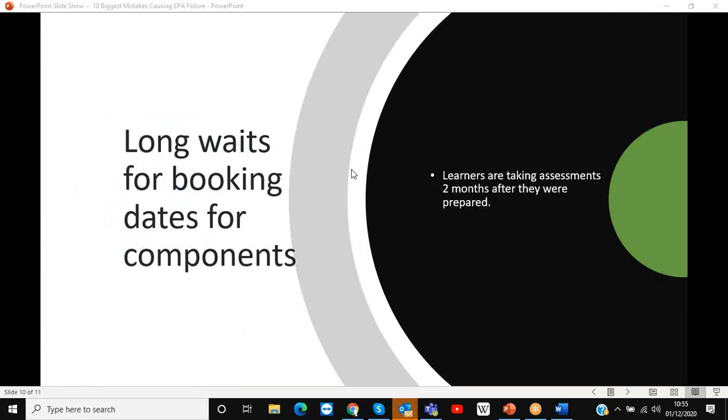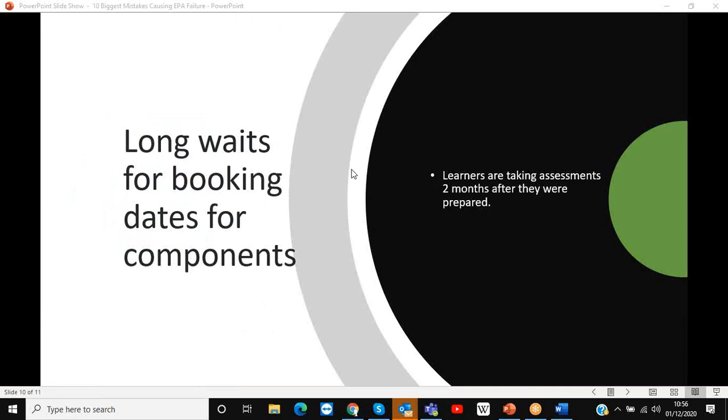give a learner a date for their EPA within 10 working days of them clearing Gateway. And then we are also able to mark that EPA assessment within a further 10 working days, and have it IV'd and have all the results posted on the system.